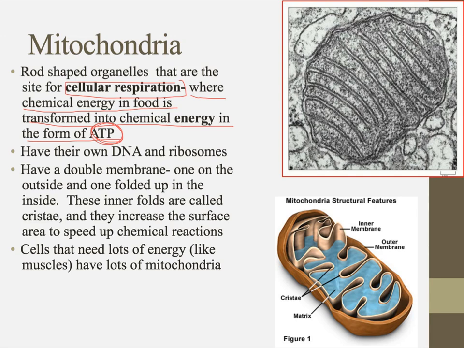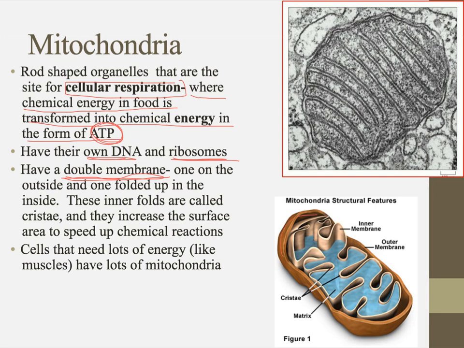One of the reasons why mitochondria are so cool is because they have their own DNA and they have their own ribosomes. They also, this is very important too, have a double membrane.